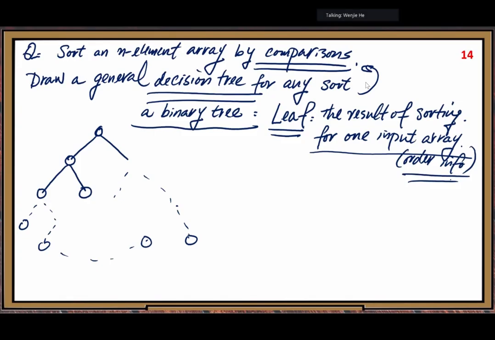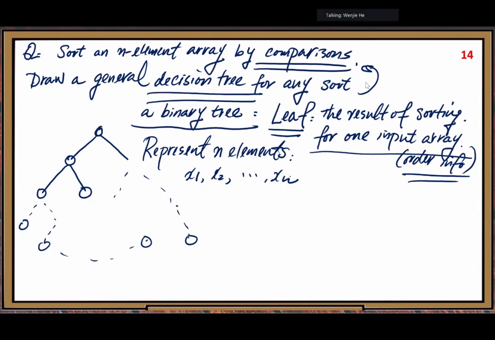We have n elements, so we need to represent n elements: X1, X2, ..., Xn.